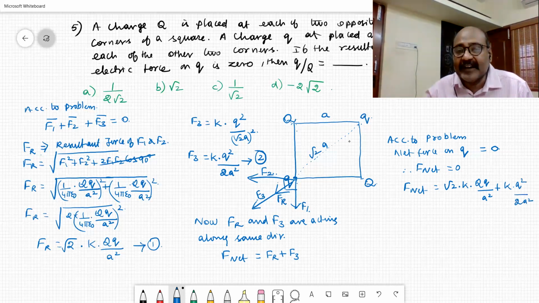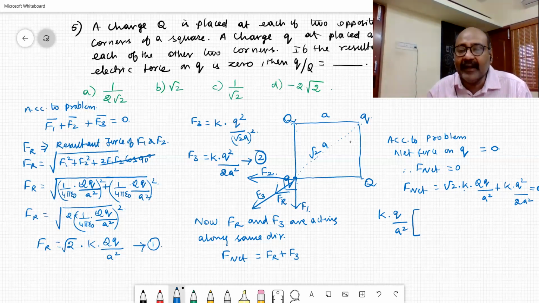This value F net is equal to 0. If so, I can simplify this by taking common. I can take K common, small q common, a square common.